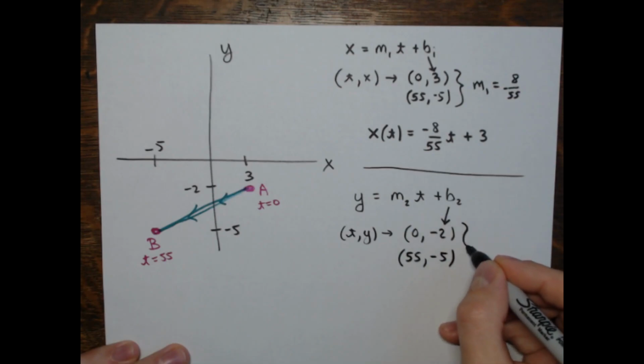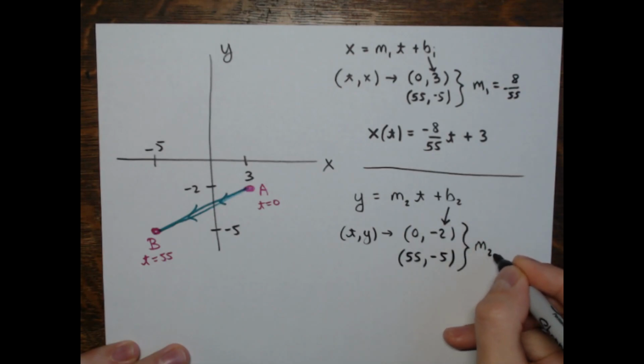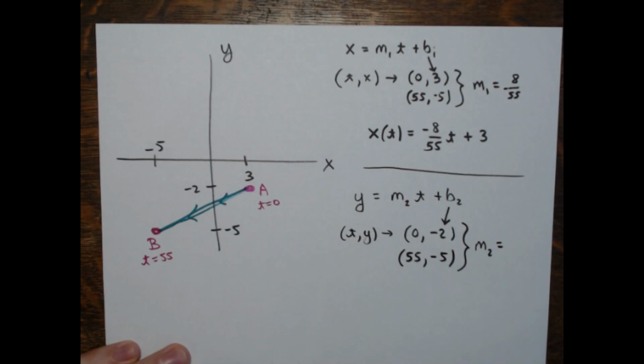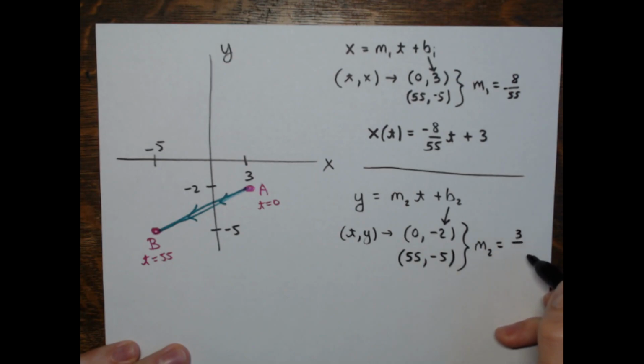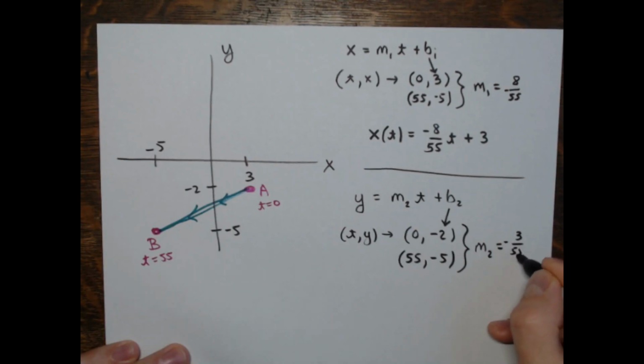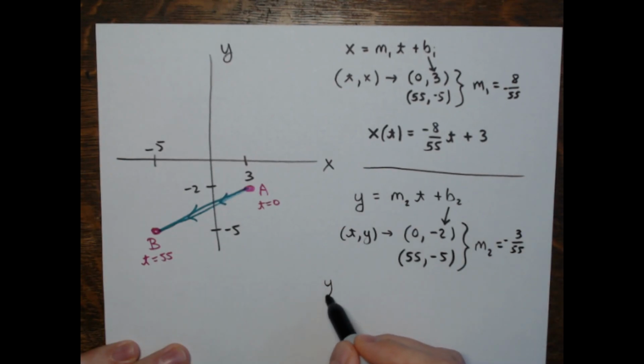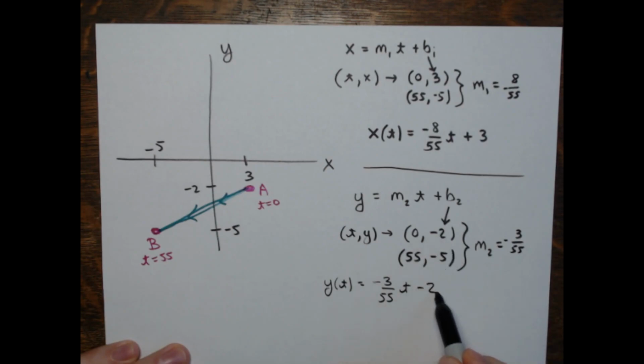And then from these two, I can find m2, the slope of this linear equation describing the y coordinate. -2 minus -5 would be +3, divided by -55, so -3/55. So y of t, the y coordinate at any given time, is -3/55 times t, minus 2.